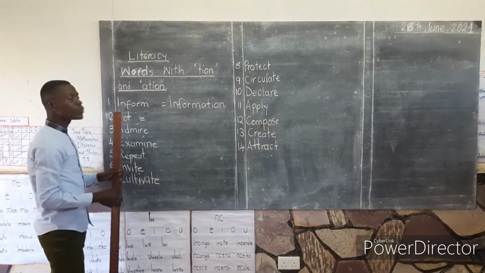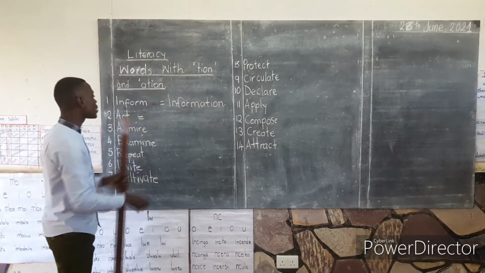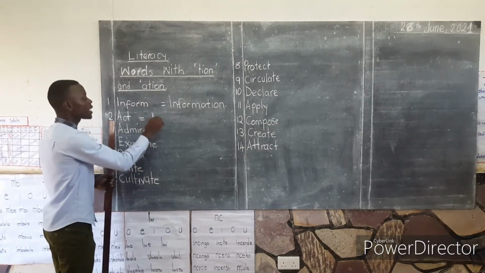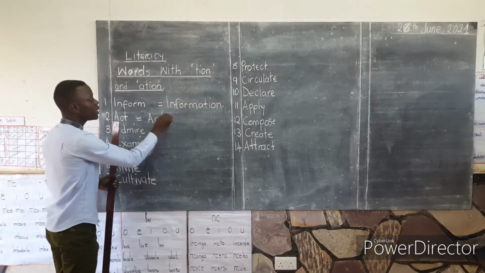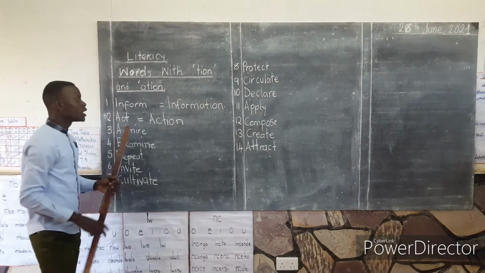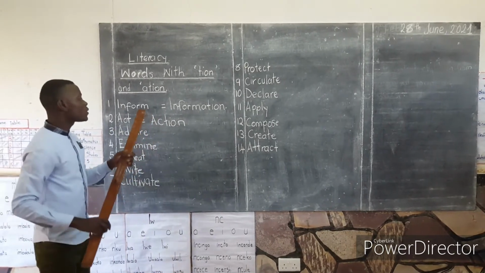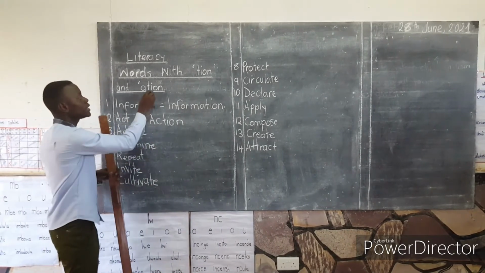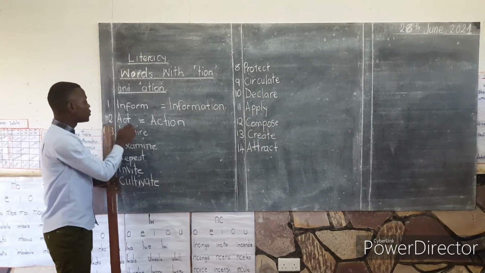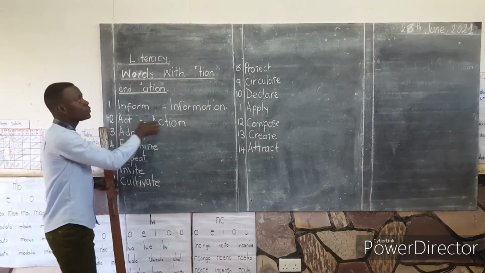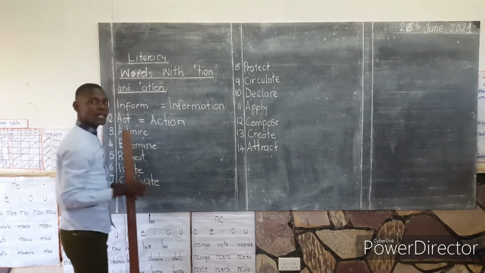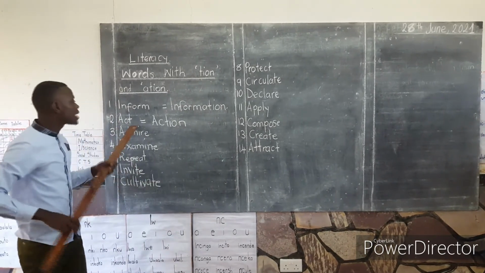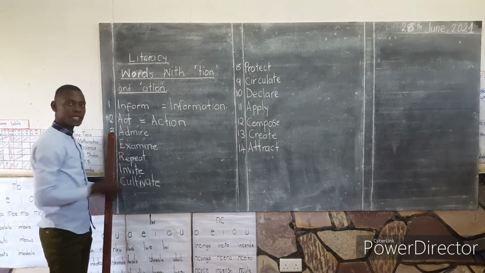We go to another one. When we add either of these endings to act, it will be action. So we can see the difference here. For the word information, we added this one, but for the word act, we've just added this one. Remember, this word already has a T there.